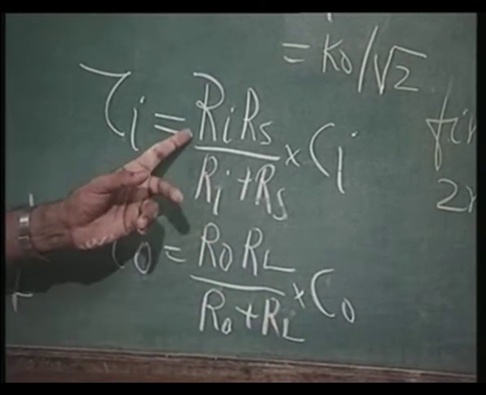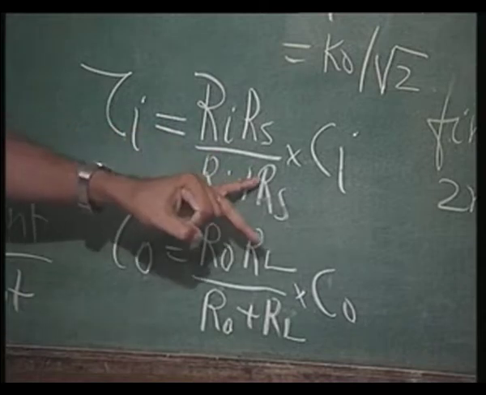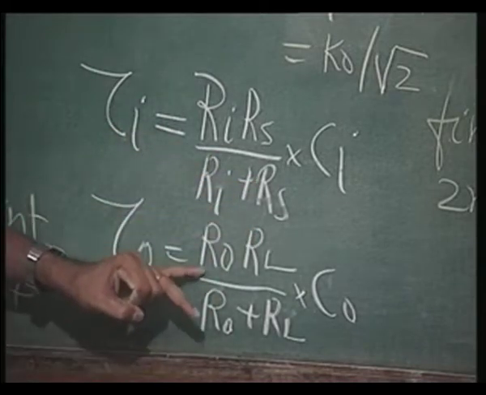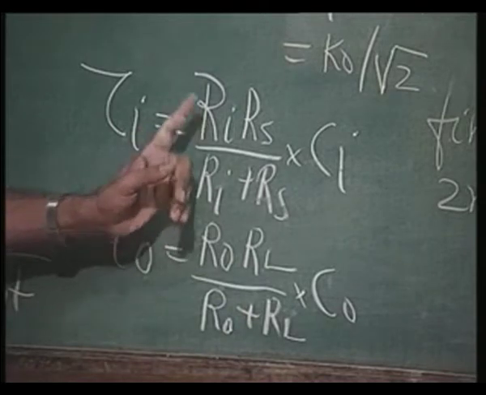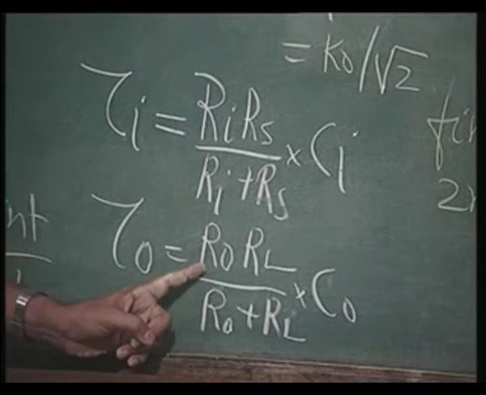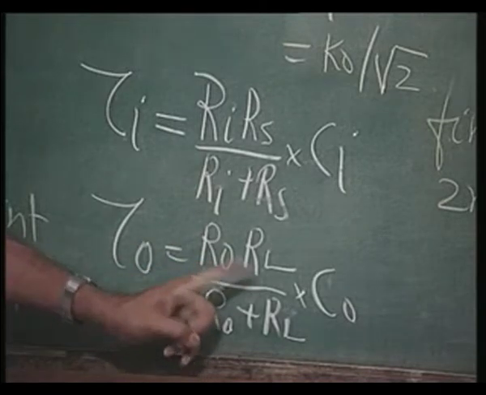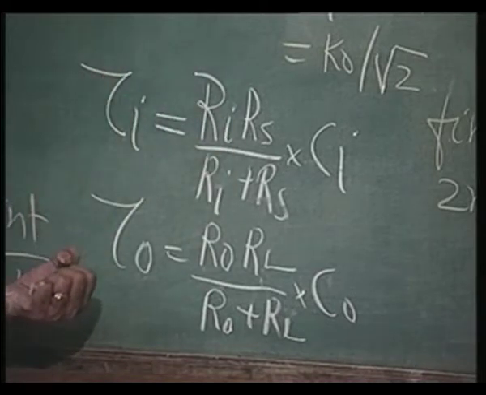Also we have to have Ri and Rs very low. This is important. Ri and Rs, or R0 and RL, any one of these, either Ri or Rs should be low in this. Here either R0 or RL should be low. So these are important in designing wideband amplifiers.